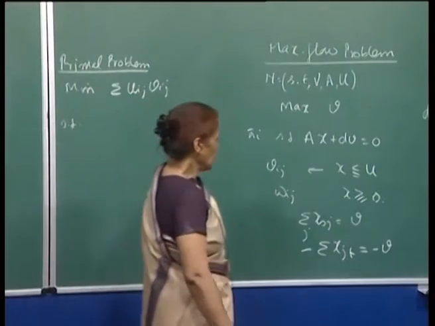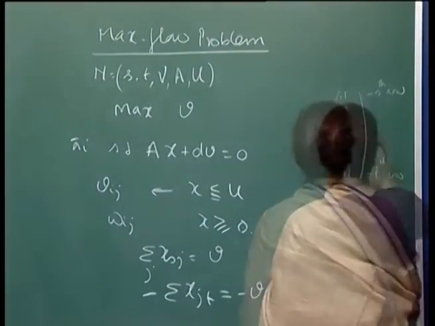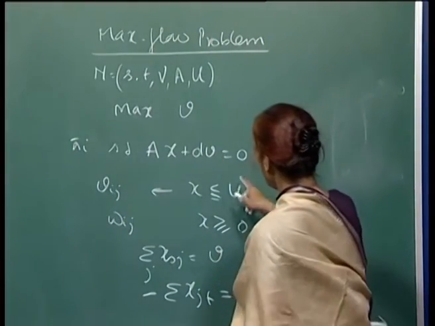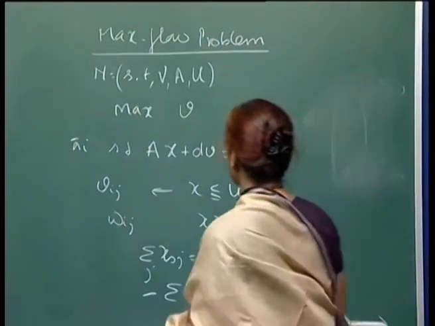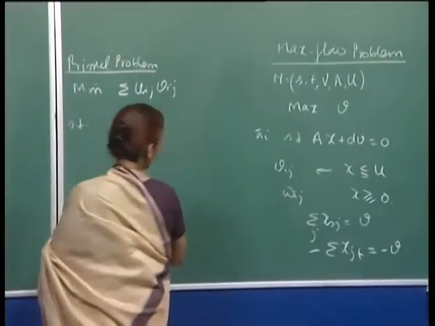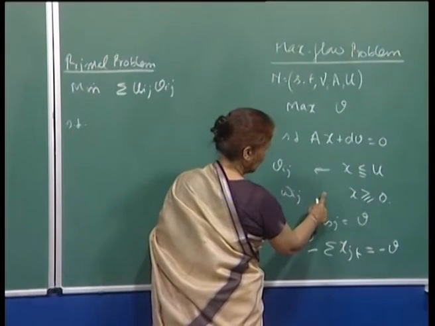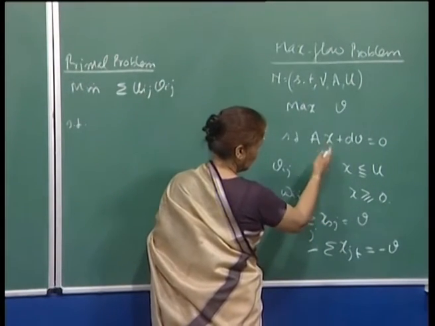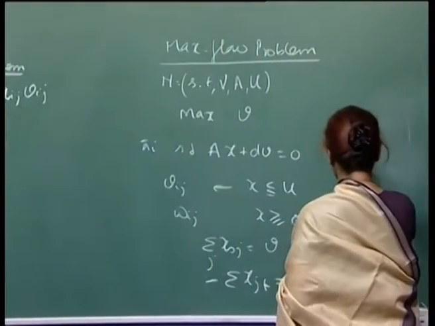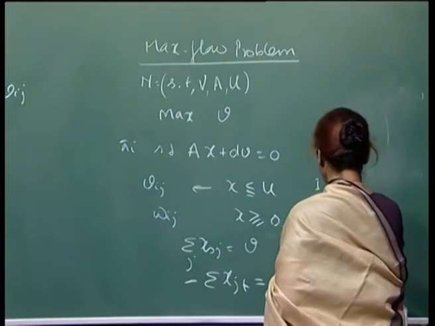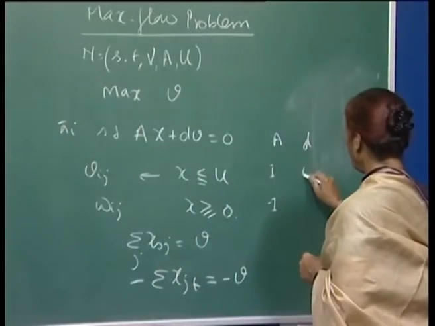If you want to make life a little easy, I can rewrite here. So, subject to the matrix here, you see this is A, I, minus I. If you look at the constraints, your matrix, that is what I was going to write here, this is A, I, minus I, and then you have D here, right, this is all zeros.